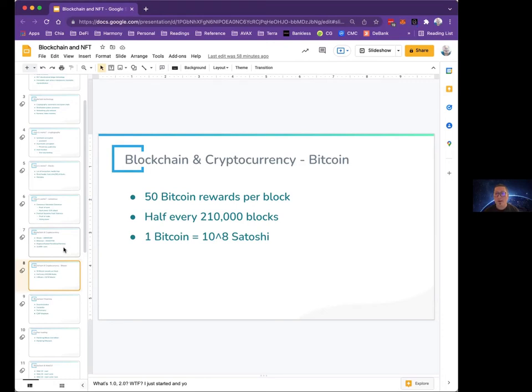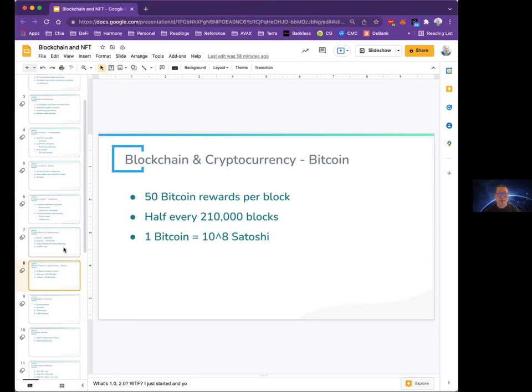The one miner who mined the block is rewarded with 50 Bitcoin for his contribution to the entire network. That's from the very beginning. 50 Bitcoin is a lot of money right now, but when the Bitcoin network started in 2009, it was almost nothing. It was just a reward to the people who participate in the network.